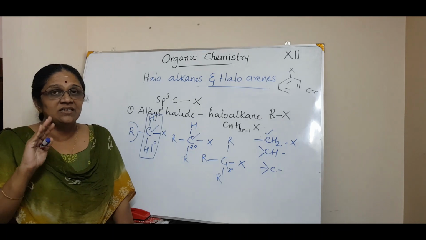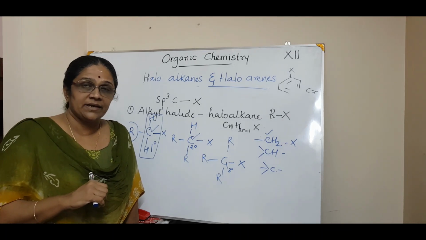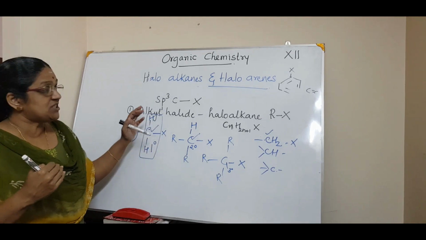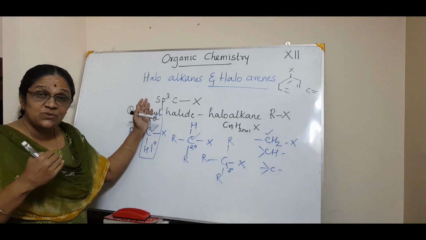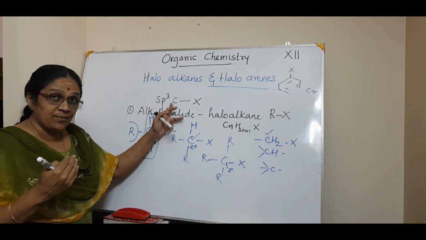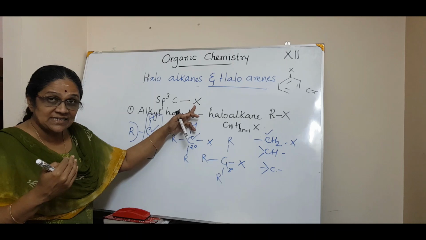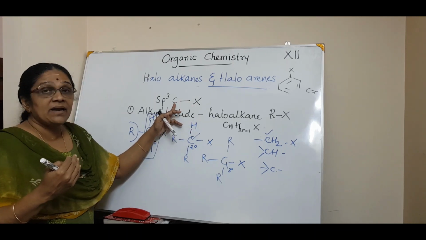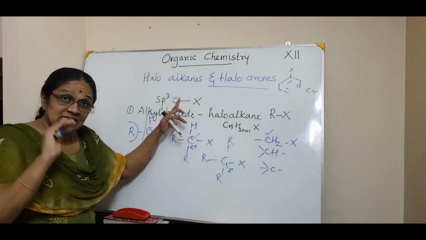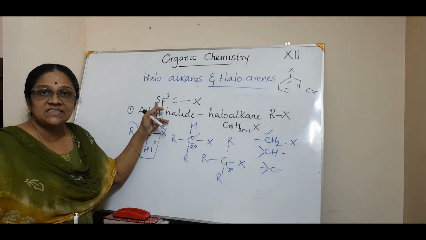Up to trihalogen it is okay for you. The second classification is based on compounds which contain a carbon atom having a halogen atom, where the carbon attached to the halogen atom will be in an sp3 hybridized state.